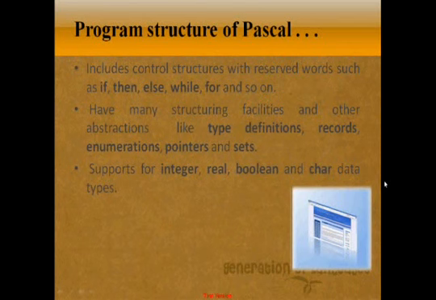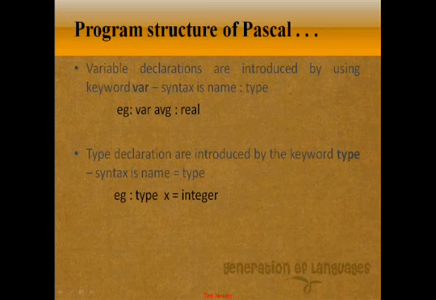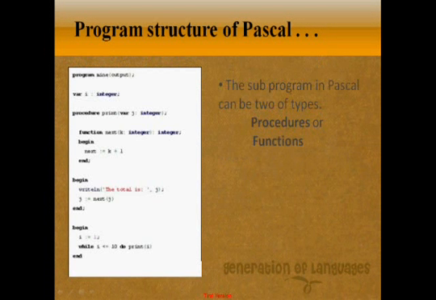It supports integer, real, boolean, and char data types. It introduced the var keyword and type keyword for variable declaration and type declaration. A Pascal program can have a main program and subprograms, where subprograms can be either procedures or functions. The picture shows a Pascal program which uses both procedures and functions.